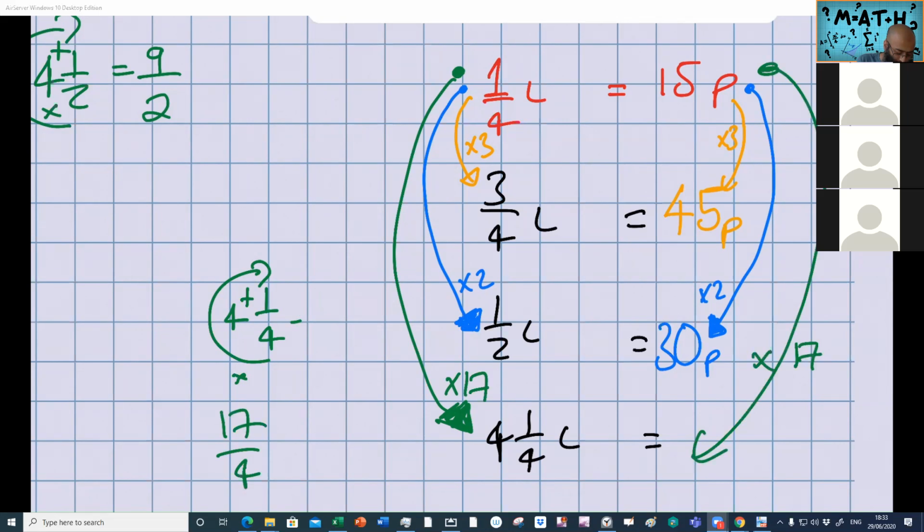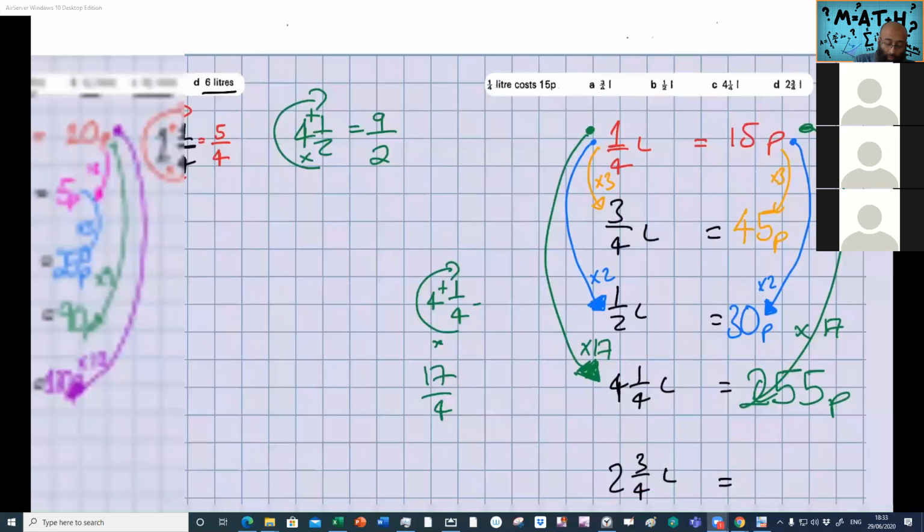So, Omeza, what's 15 times 17? £2.55 or 255 pence.